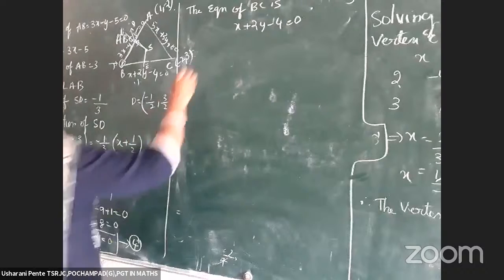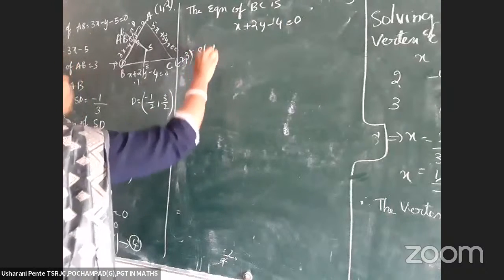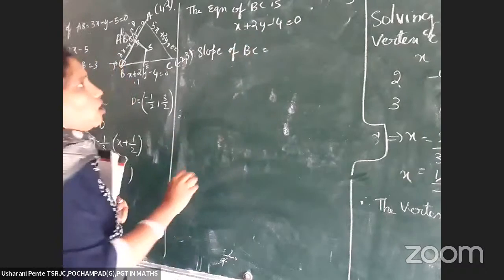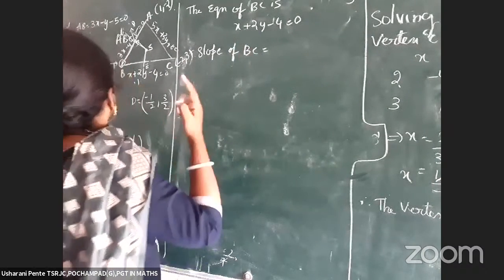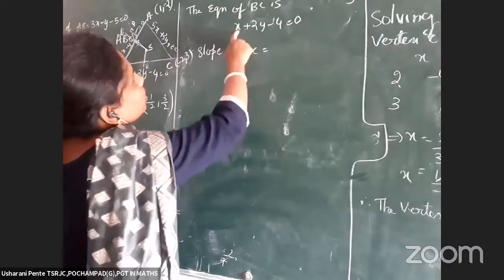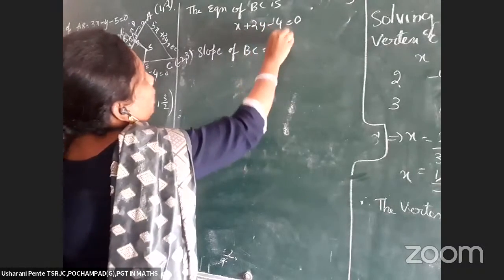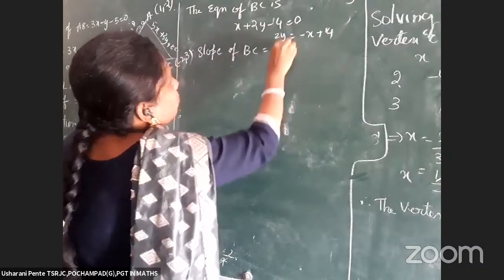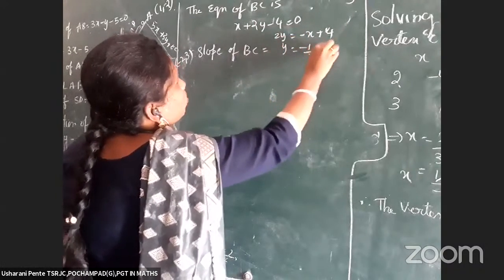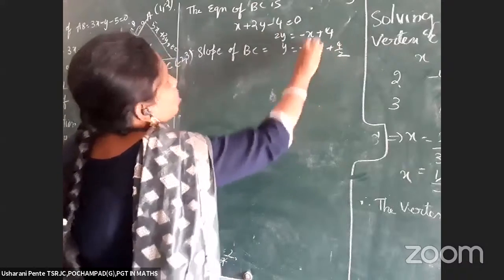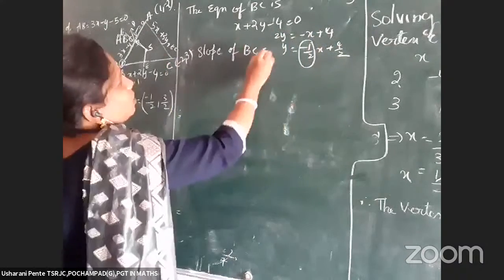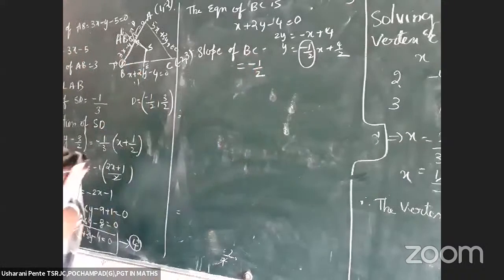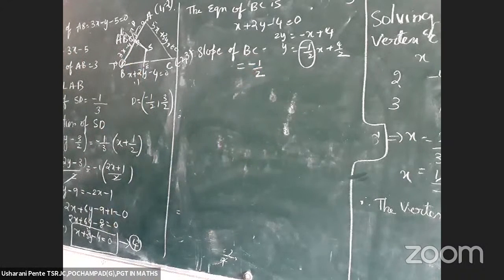From this, if we want to find the slope, then the slope of BC is equal to 2y is equal to minus x plus 4, and y is equal to minus 1/2 x plus 4/2. So here we have the slope. The slope of BC is equal to minus 1/2.